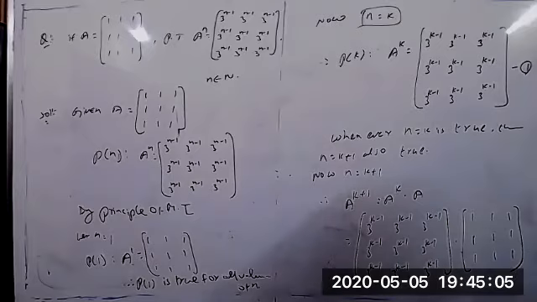First multiply the two matrices, A power K into A.